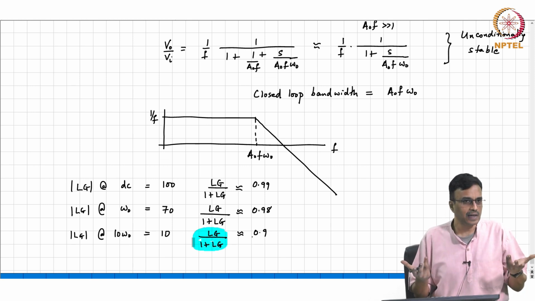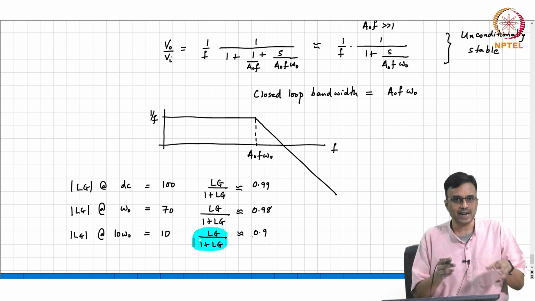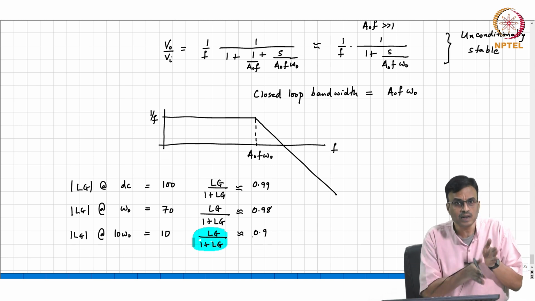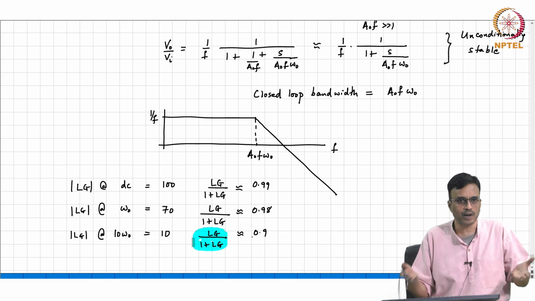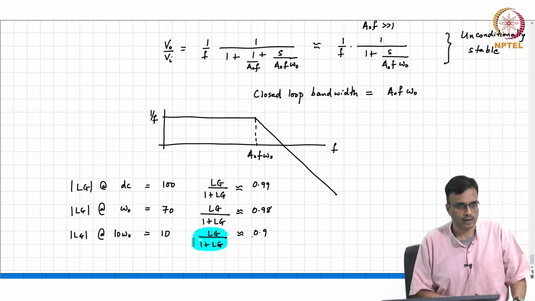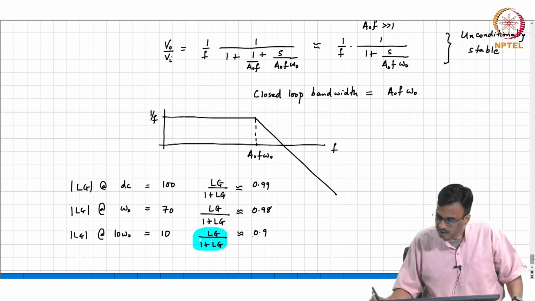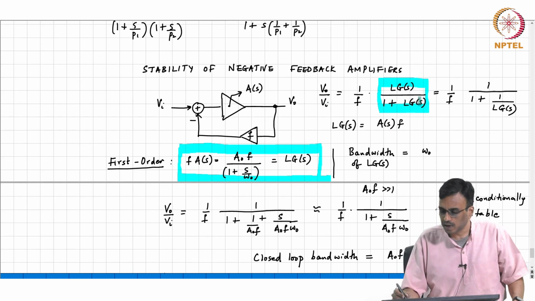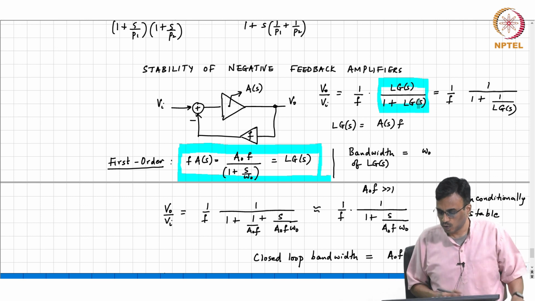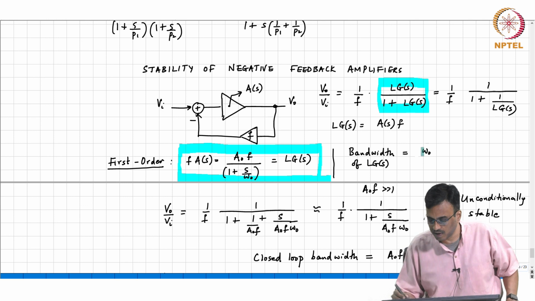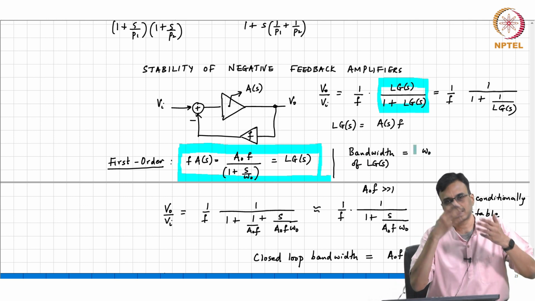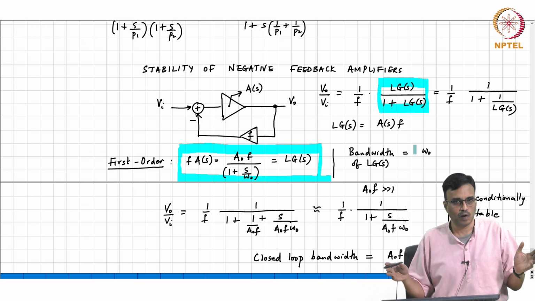Basically, when the magnitude of the loop gain starts becoming comparable to 1, this quantity, loop gain by loop gain plus 1, will no longer be 1, correct? So what is the resolution of that seemingly surprising fact that the loop gain has started falling off at omega naught already?